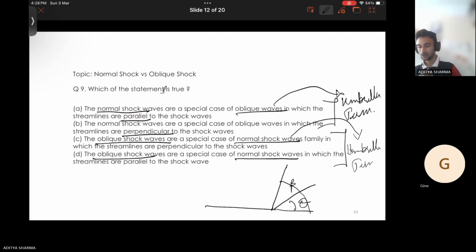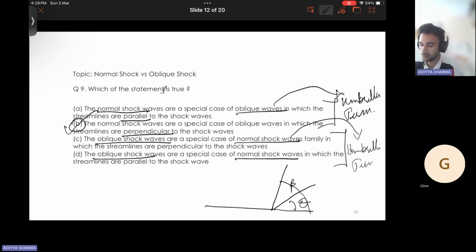This doesn't make sense, right? So if we take these points into consideration, option B, the streamlines are perpendicular to the shock waves, and the normal shock is a special case of oblique shock. So this is the correct statement, right?